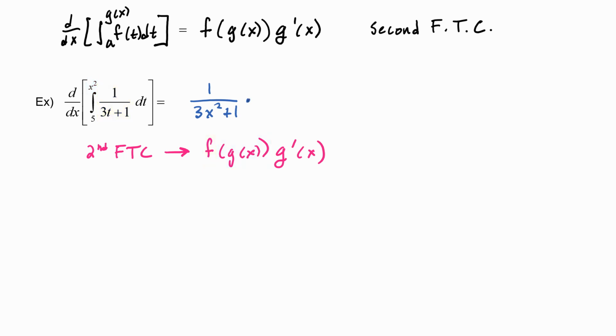Now we have to take that times g prime of x. And this is where you have to be really careful. You're not finding the derivative of this. You're only finding the derivative of g, which is x squared. So that derivative is 2x. So when we write this in simplest form, we would put 2x over 3x squared plus 1.